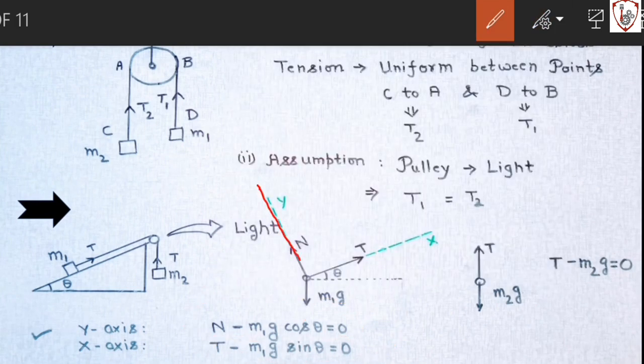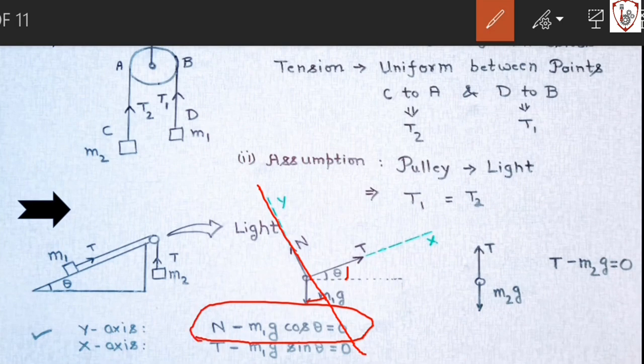In this direction we are applying Newton's law. N in the upward, positive y-axis direction, plus m1g is divided, this angle will also become theta. So this is the negative y direction. So what will the equation become? F is equal to ma, a is equal to 0, so F is equal to 0, net force will be 0. So N minus m1g cos theta will be 0.